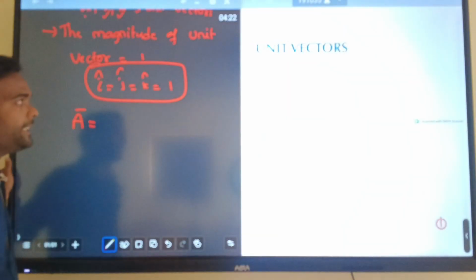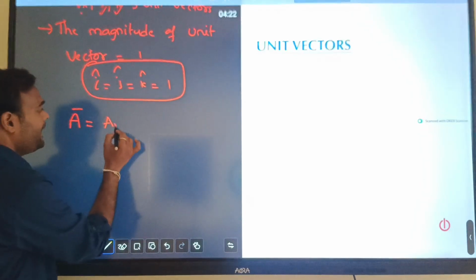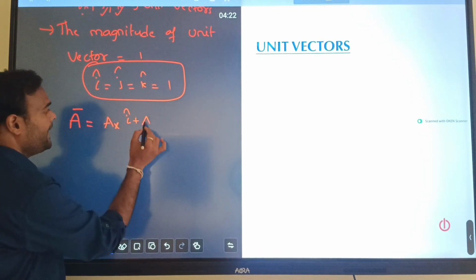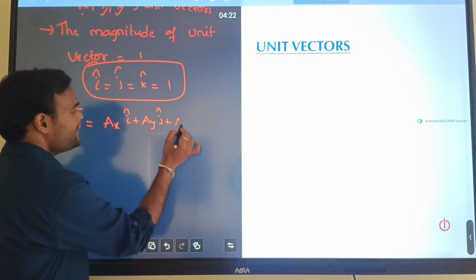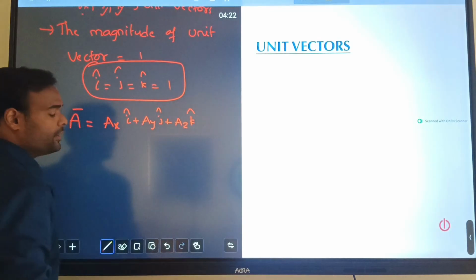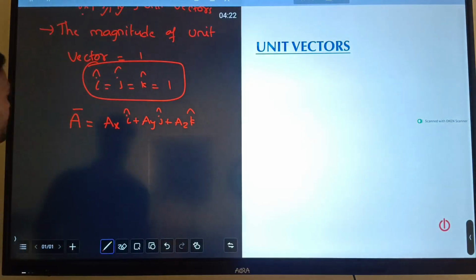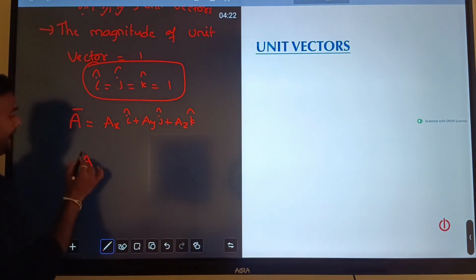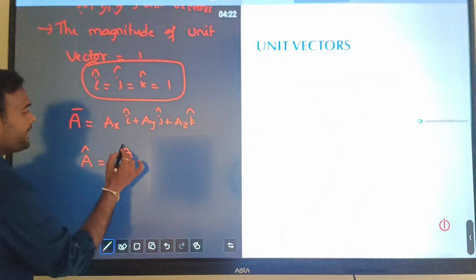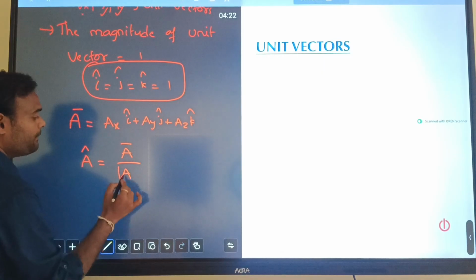Next, let us suppose a vector A. Let us have a vector A = Ax i + Ay j + Az k. Now, can I write a unit vector for this particular vector? Yes, we can write. That is A hat is equal to the A vector divided by its magnitude.